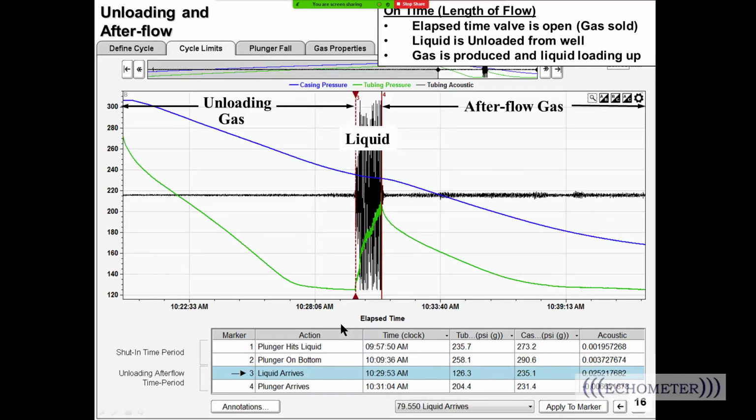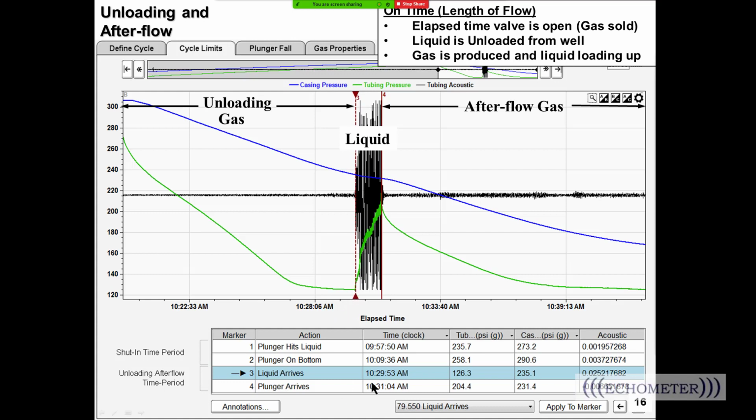Now this is the unloading portion of the cycle, and so here we have the motor valve opens right here at B, and then the tubing pressure drops to line pressure right here. And at this point, the line pressure would be when the liquid starts to arrive.